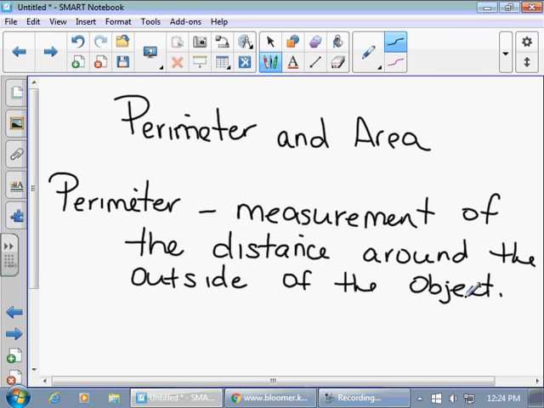In this case, the objects that we're going to be talking about today are our squares, our rectangles, and maybe some weird looking shapes. But they're going to pretty much be square, straight edges. It's not going to be triangles.